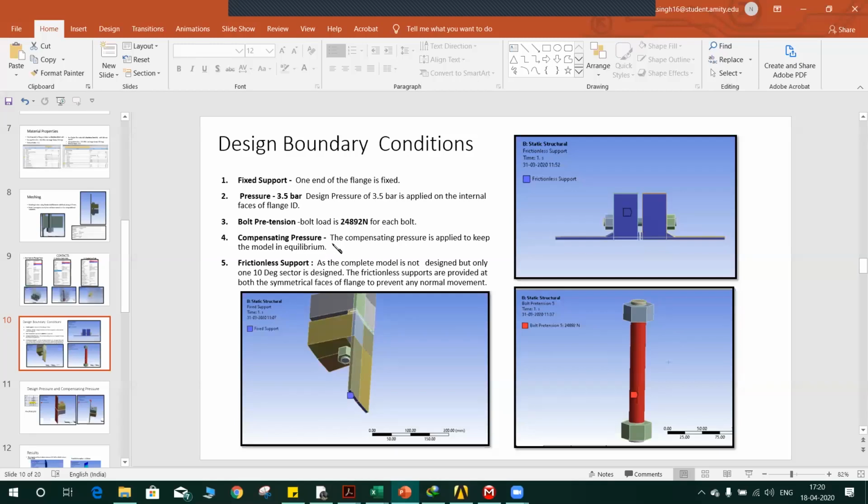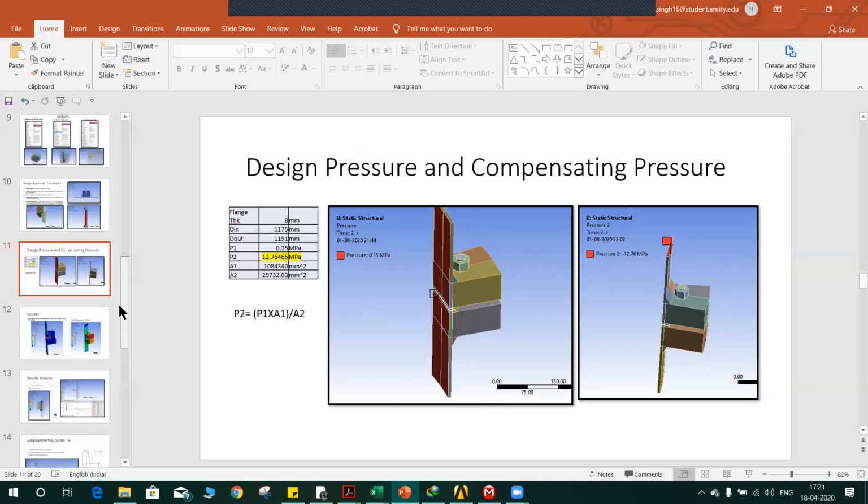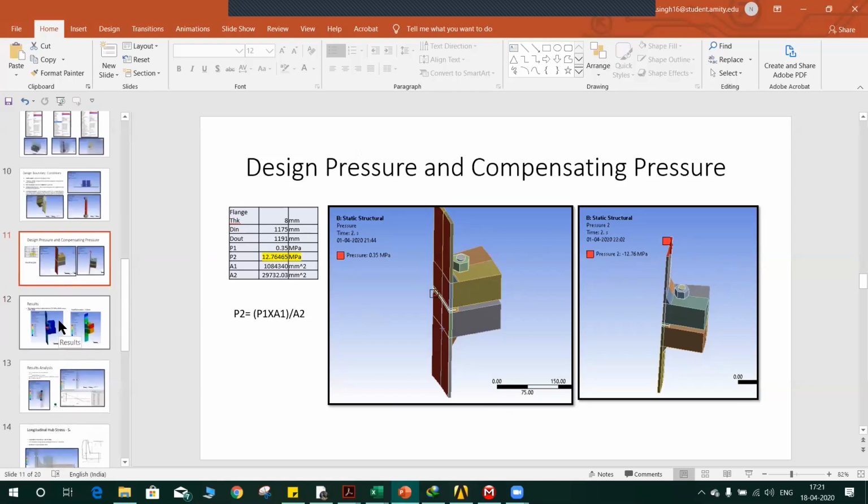And also, one thing more, I have applied a compensating pressure to keep the body in equilibrium. The compensating pressure is done through a simple calculation, which is applied onto the thickness of the flange pipe, and it comes out to 12.76 megapascals. So I have applied this to keep the model in equilibrium. Now moving on to the results.